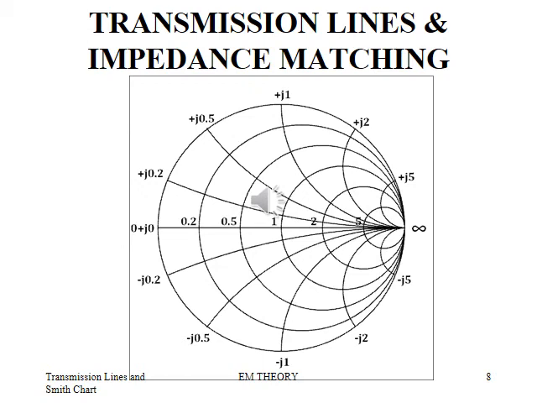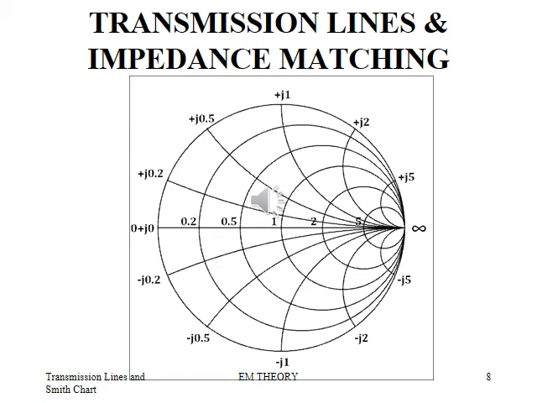When you are at the outermost circle, that corresponds to the real part being equal to 0. So when you are at the circle where R is equal to 0, then the radius, remember, is 1. That's the outermost circle in the Smith chart.